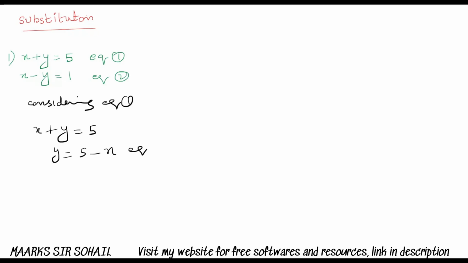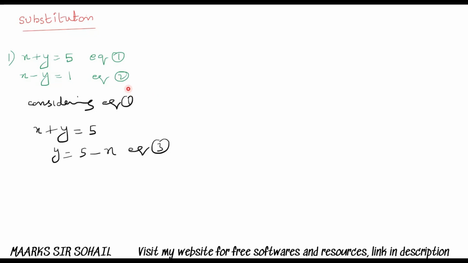Now this is equation 3. In the previous method we made only 2 equations, but here we make 3 equations because this third equation will be reused later on. Now I have found the value of y, which is 5 minus x, and this is equation 3. Now I'll insert this into the other equation. I considered equation 1 here, so I will put the value of y in equation 2.